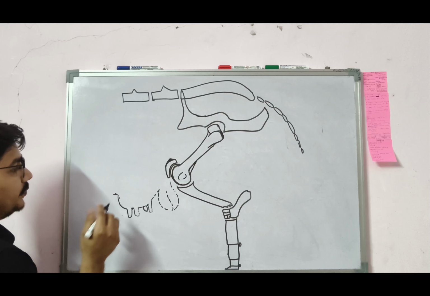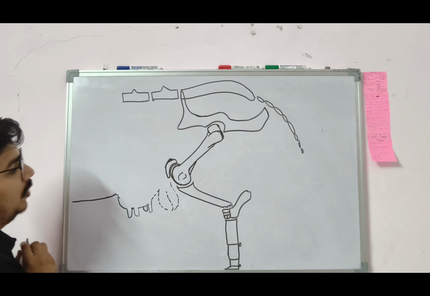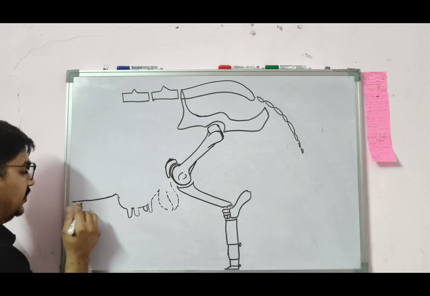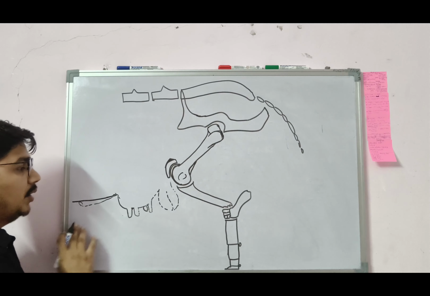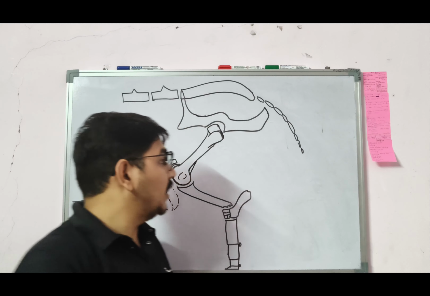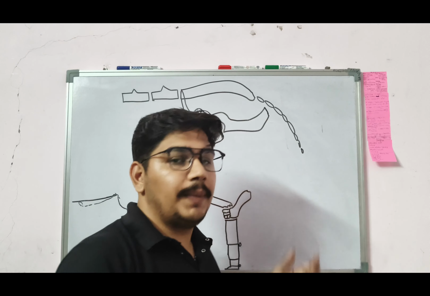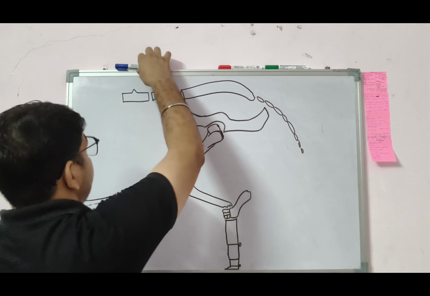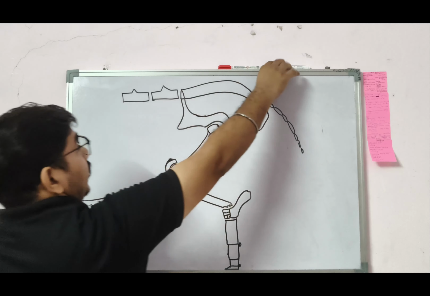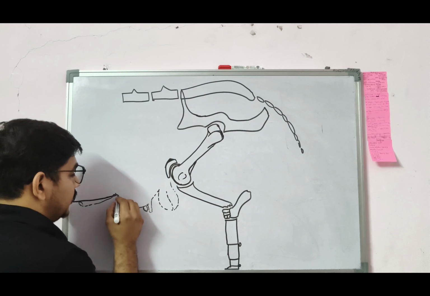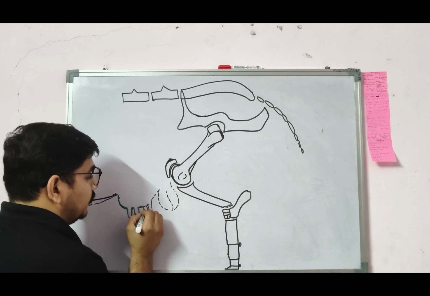It has udder, and the line continues to the abdominal wall. If it is male, it is here. Don't be confused by this. I am making both the sections in the same diagram to understand. We take it one by one. As I mentioned, this part is of female, in a different color. This part is of female, and the black one is of male.